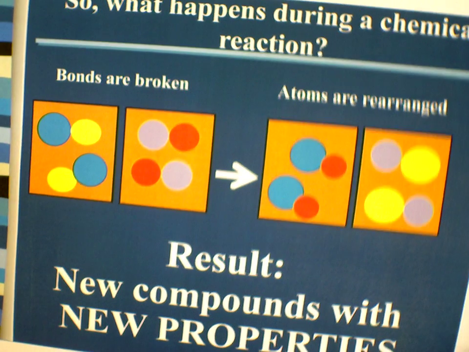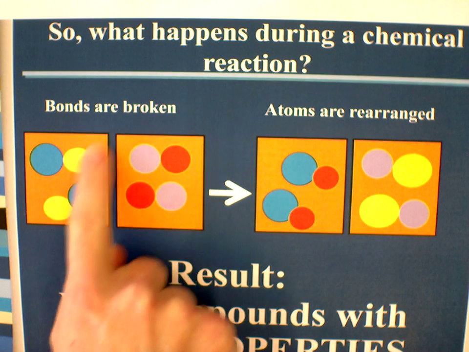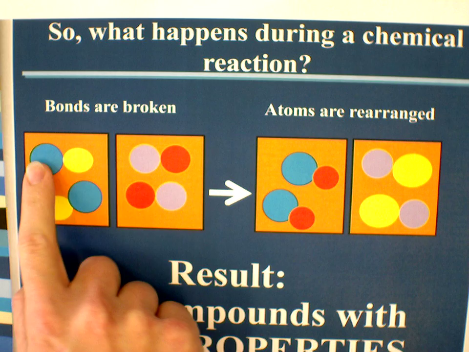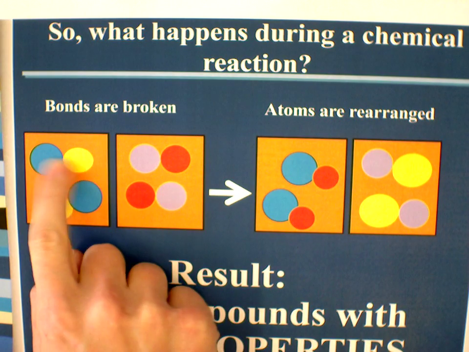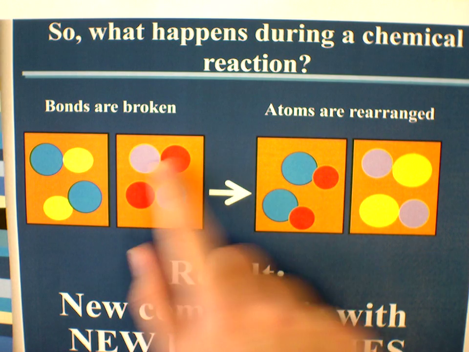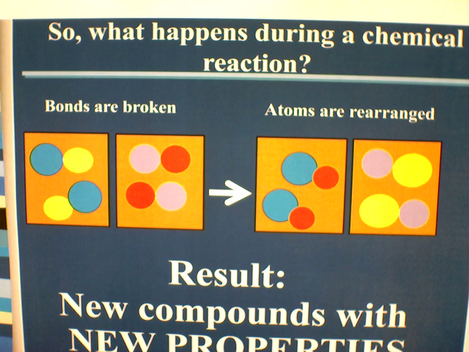All right, so what's really happening during a chemical reaction? Well, essentially during a chemical reaction, bonds are being broken. So if you look at these starting materials, I've got different colored circles representing different elements, and you have the blue and the yellow that are attached, and the pink and the red. When a reaction happens, atoms are rearranged after those bonds are broken.